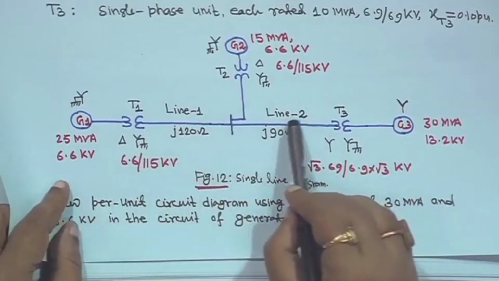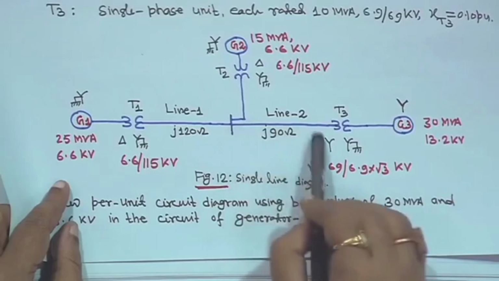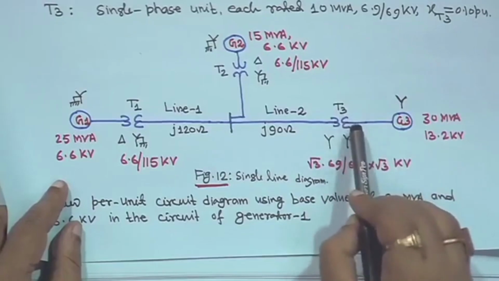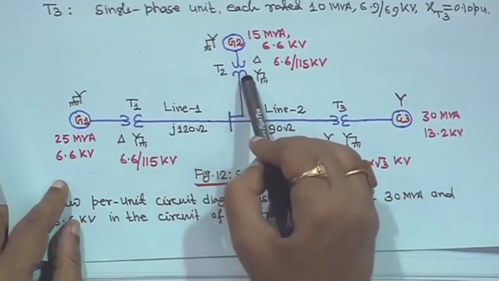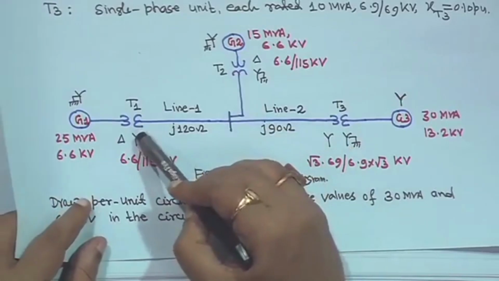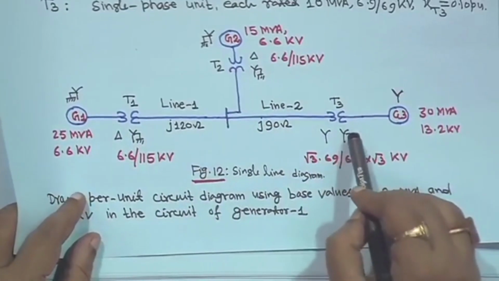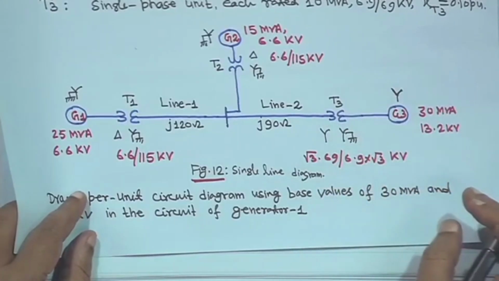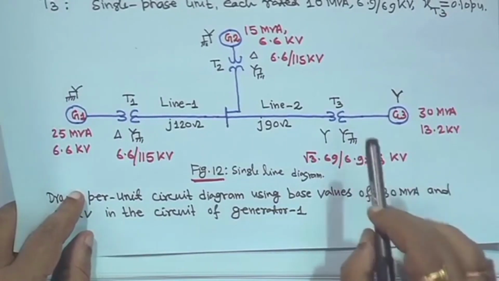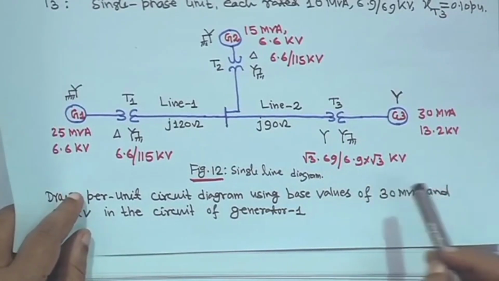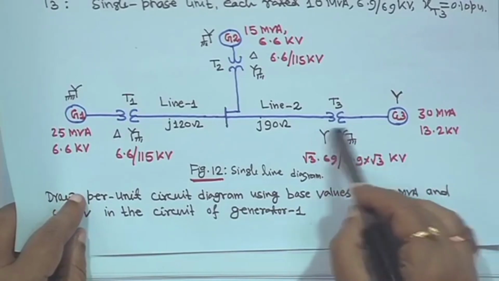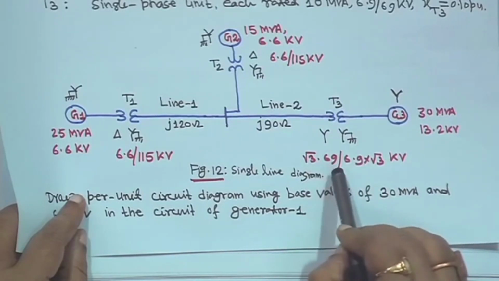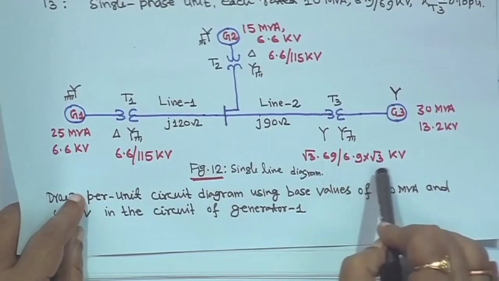And this is line 2, j90 ohm, which is the line reactance, right. And this is transformer 3. These two transformers are 3 phase transformers, but this transformer is actually 3 single phase transformers connected together. Each single phase rating was 69 upon 6.9 kV, but as it has been made 3 phase, star with the secondary side grounded, it is root 3 into 69 slash 6.9 into root 3 kV.